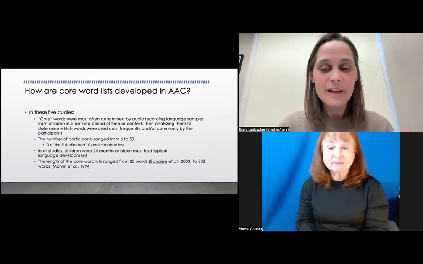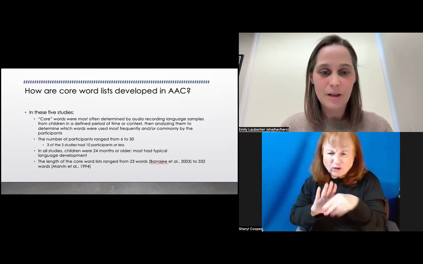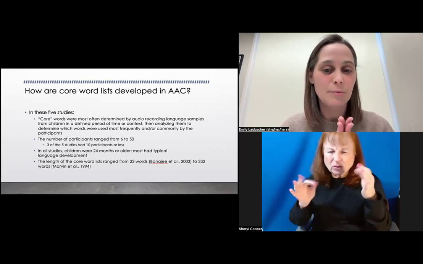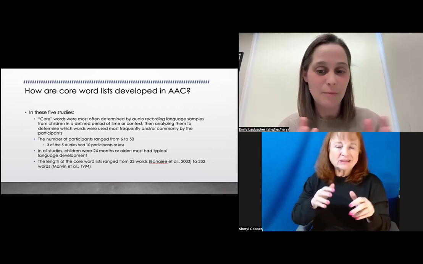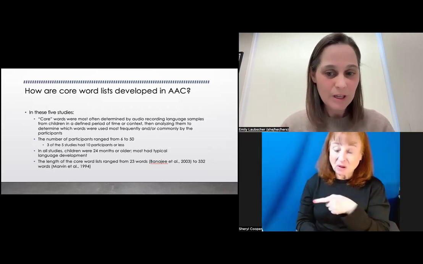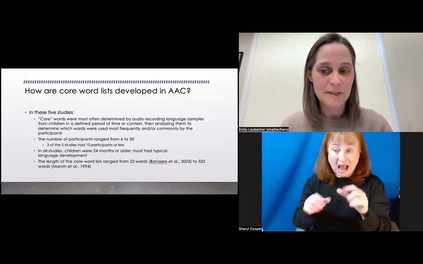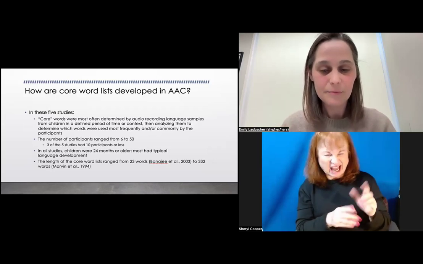And then analyze those audio recordings, those recorded language samples, to determine which words were used most frequently or most commonly by all of the participants. Those frequent or common words were then presented as a list of core words at the end of the study.